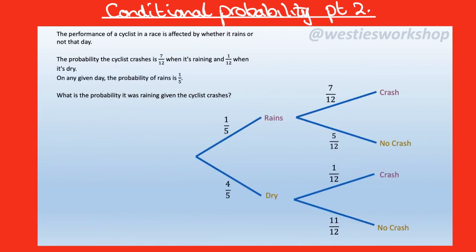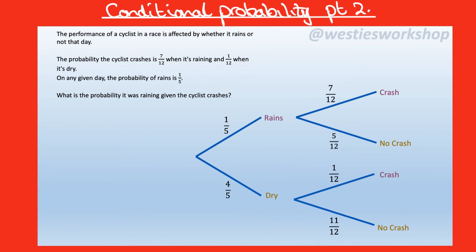The performance of a cyclist in a race is affected by rain or not that day. The probability that a cyclist crashes is 7/12 when it's raining and 1/12 when it's dry. On any given day, the probability of rain is 1/5.